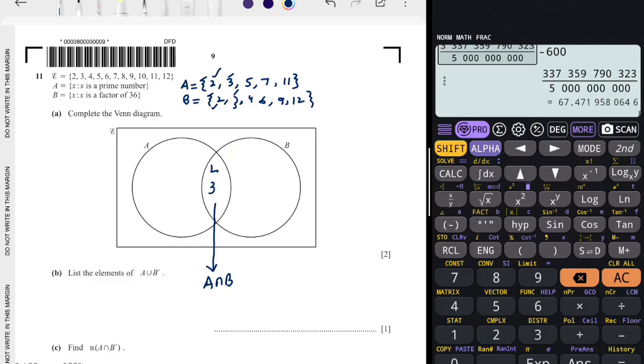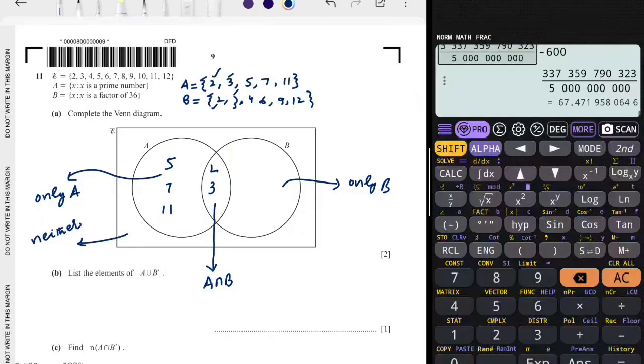This region is called only A, this region is called only B, and the outside region is called neither. In place of only A, we are going to write 5, 7, and 11. In place of only B, we are going to write 4, 6, 9, and 12. And outside the loops, 8 and 10 are left.